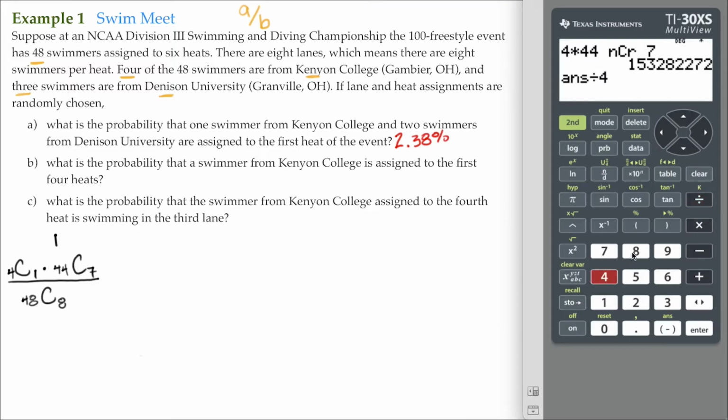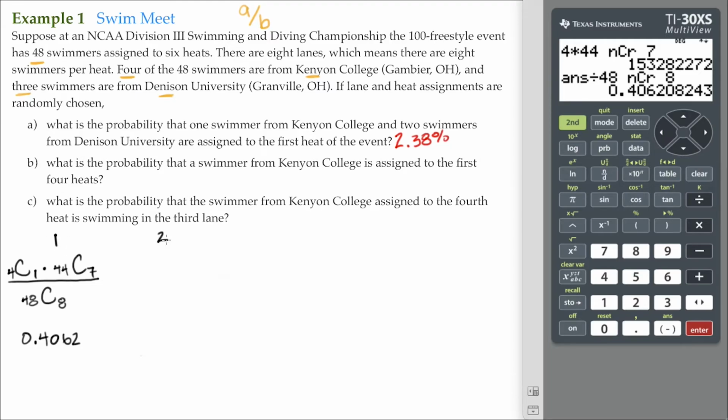And I'm going to do 48 choose 8. And that's approximately 0.4062. So the probability for the first heat, one of the swimmers is from Kenyon, that's 40.62% chance. That's for heat 1.